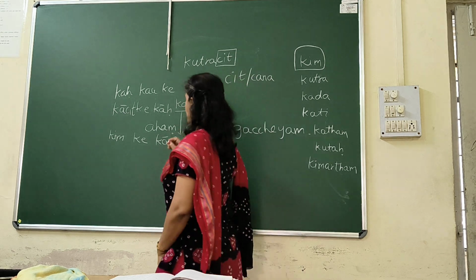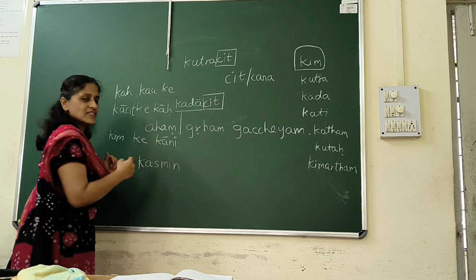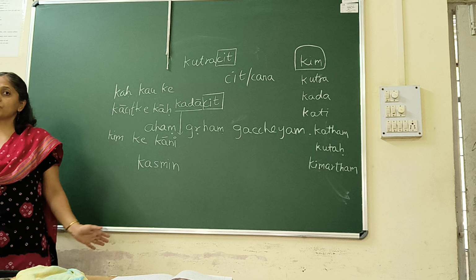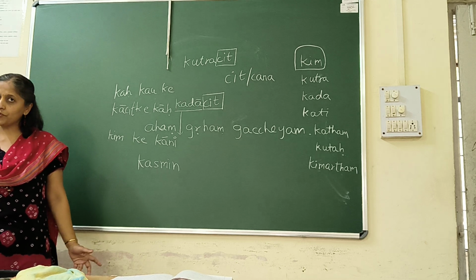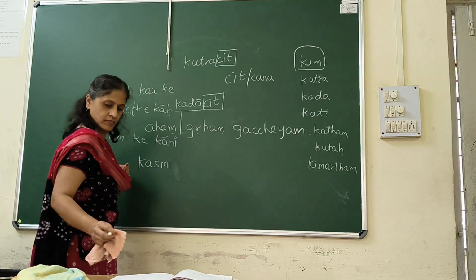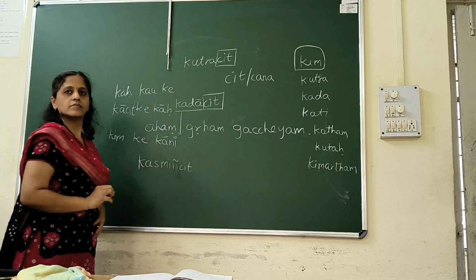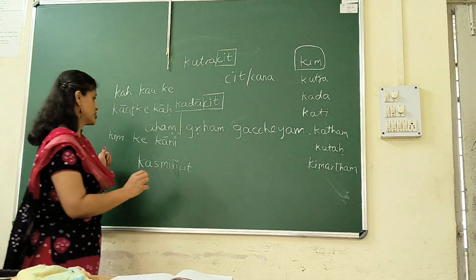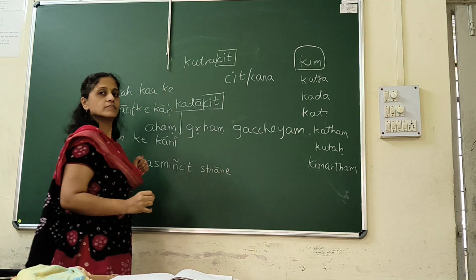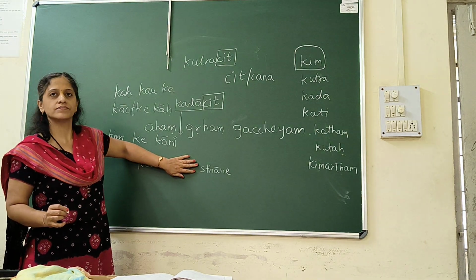And now I will give you some examples. You must have seen this. What is this? Kasmin. What is the meaning of kasmin? Which form is this? Locative form of kim. And if I write kasminchit sthane: what is sthane?